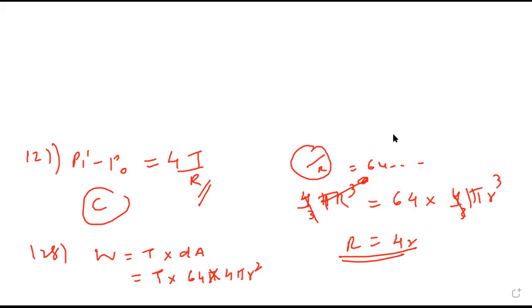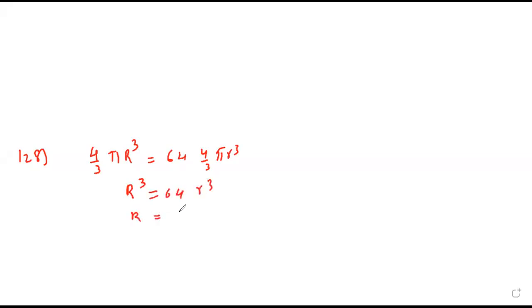128. 4 by 3 pi R cube is 64 into 4 by 3 pi r cube. Therefore R cube is 64 r cube, and R is equal to 4 times r.